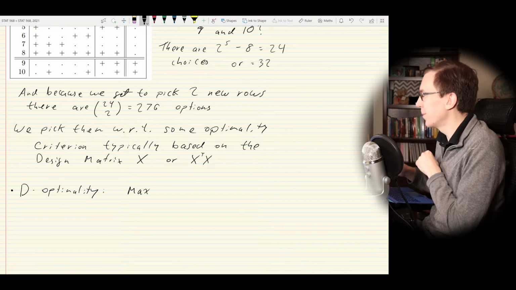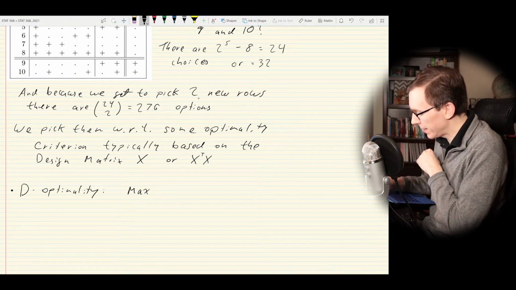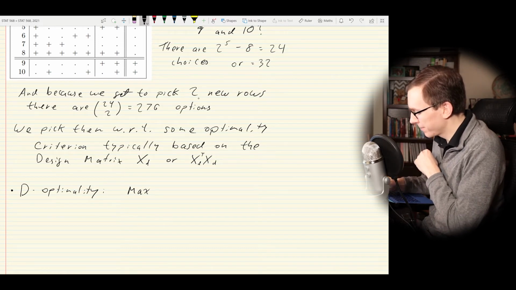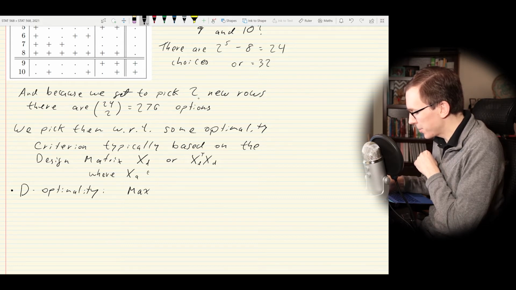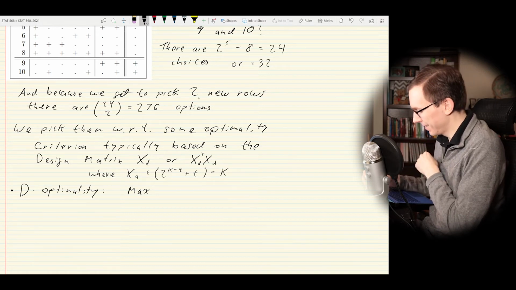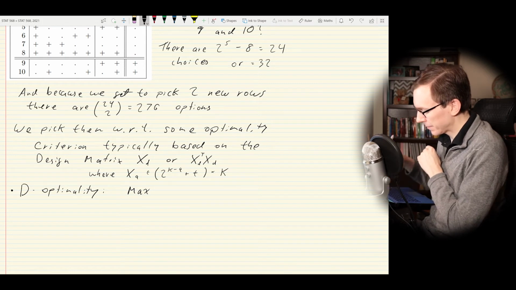I was also using the notation X sub D, just to say that this is our design matrix, where X sub D is a matrix and it has 2 to the K minus Q plus T rows and K columns.